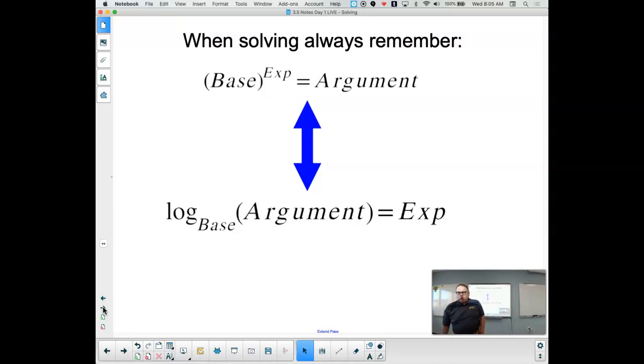So if you're in an exponential equation, that's the top one, and you just don't know how to solve it from here, you solve it by switching it to a logarithmic equation. Likewise, vice versa. If you're in a logarithmic equation, you solve it by switching it back to an exponential equation. Okay? Always.